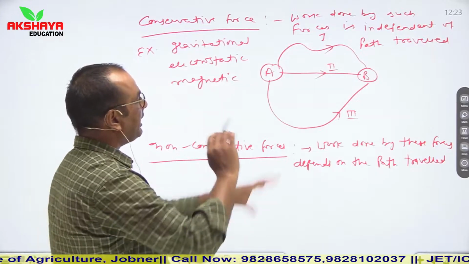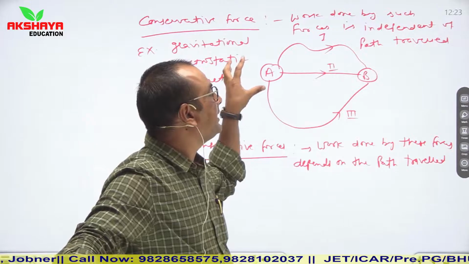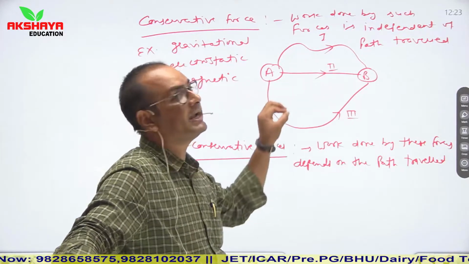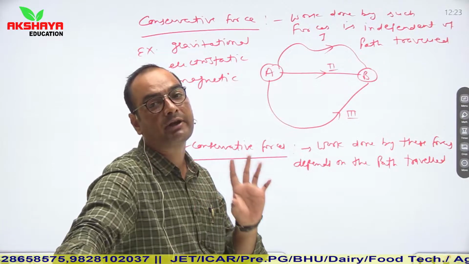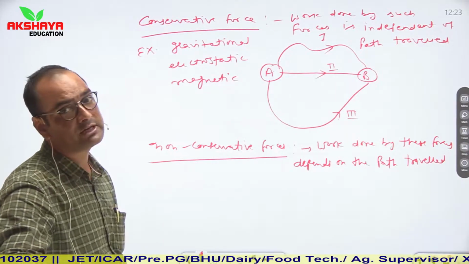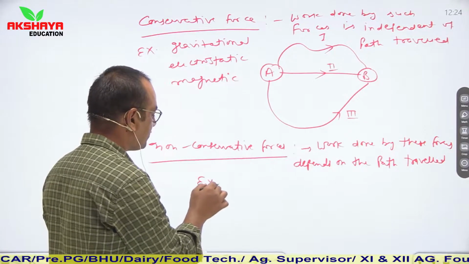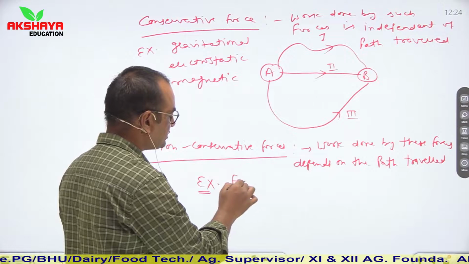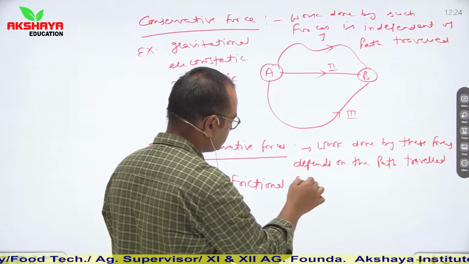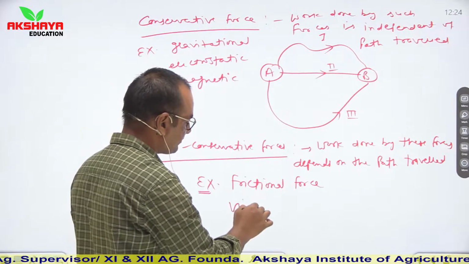So in the first example, you can clearly see that when a particle travels from A to B by all these three ways, then in each and every path, work done is different. Work done is different because a non-conservative force depends on the path traveled. So examples of non-conservative force are frictional force and viscous force.